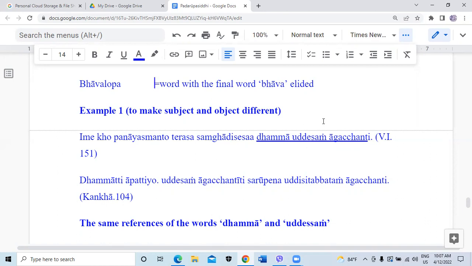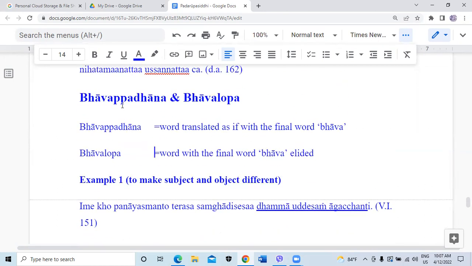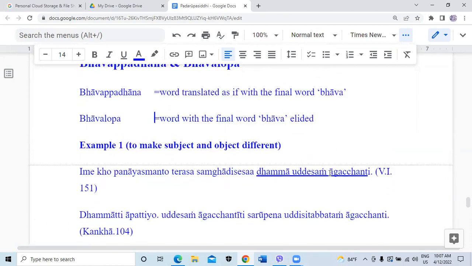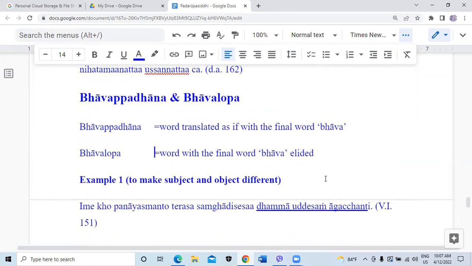The word uddesa is considered Bhavataddhita. Bhavataddhita means although the word uddesa has no final Bhava word, it is considered as having Bhava.